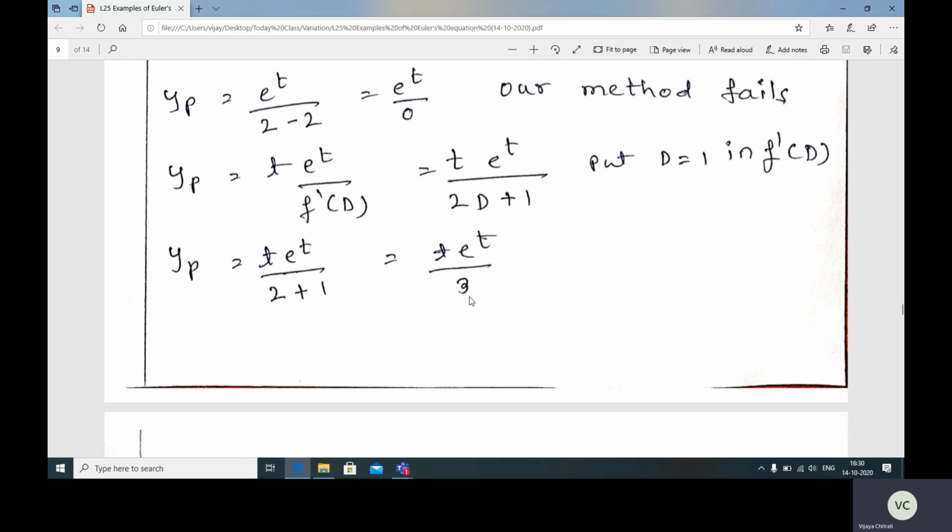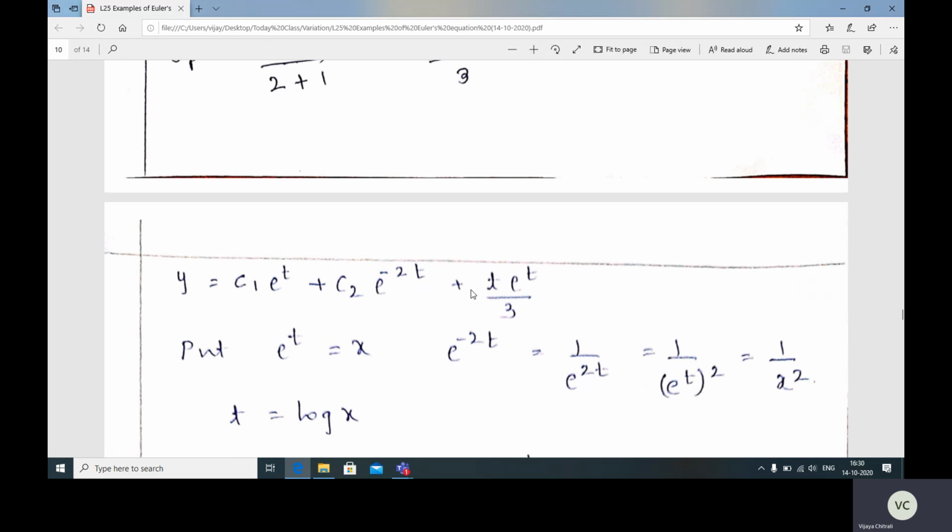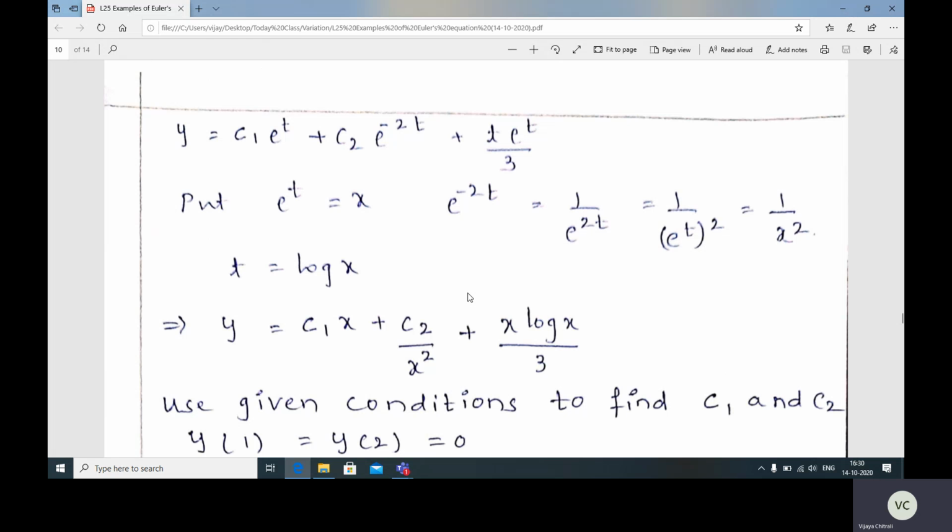Now the general solution y is equal to yc plus yp. So y is equal to c1 e raised to t plus c2 e raised to minus 2t plus t e raised to t divided by 3. So we need y of x. So substitute here e raised to t as x. e raised to minus 2t is nothing but 1 upon e raised to 2t, which we may write as 1 upon (e raised to t) raised to 2.